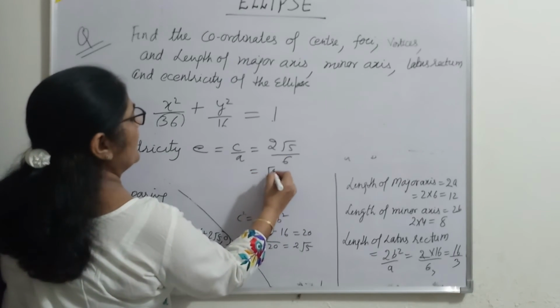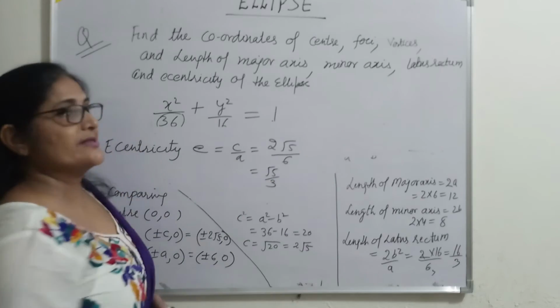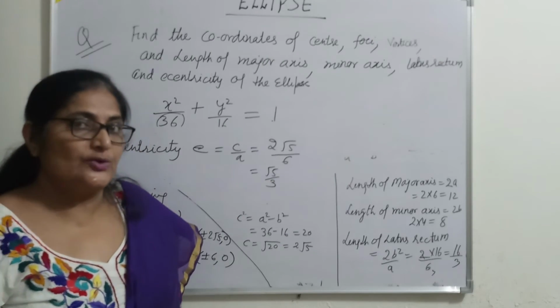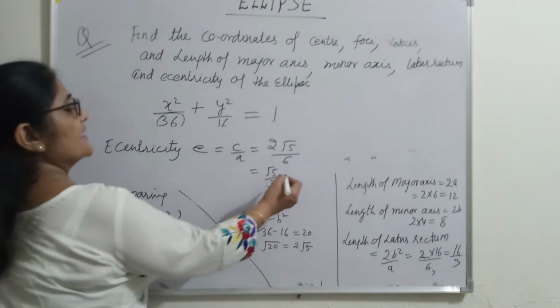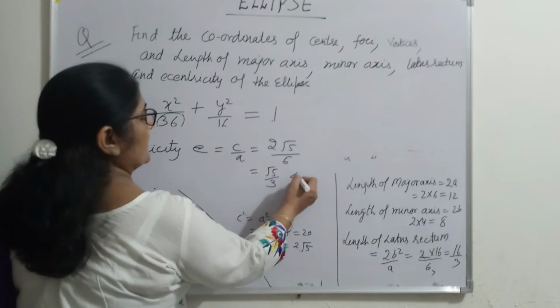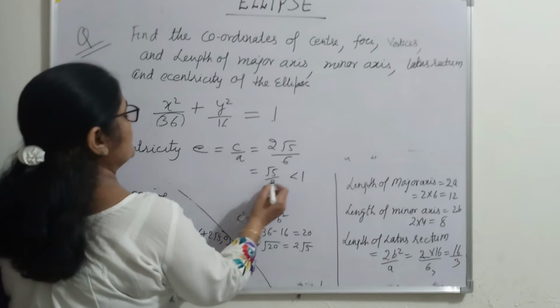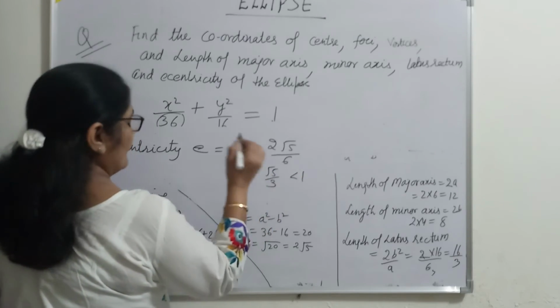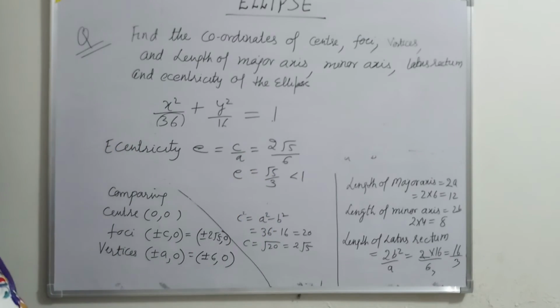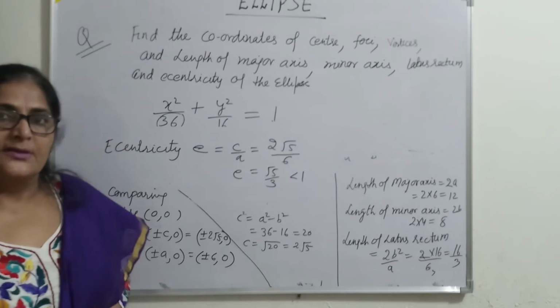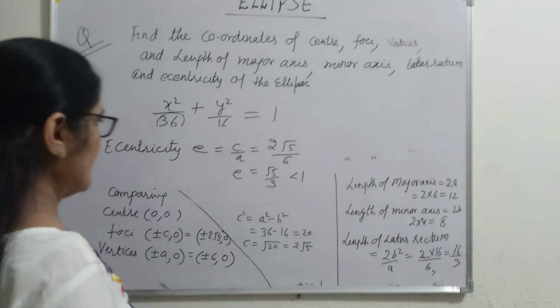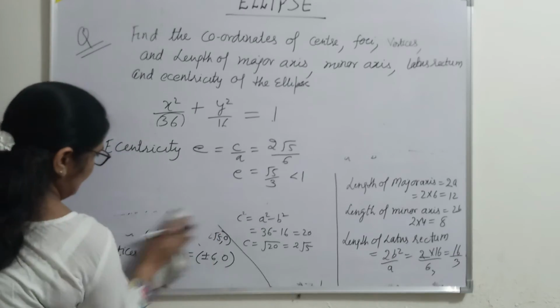So root 5 by 3. And you can check here whether your answer is correct or not: e is less than 1, so it is correct. So eccentricity is root 5 by 3. So this is the solution of the question. This type of question may be asked in examination.